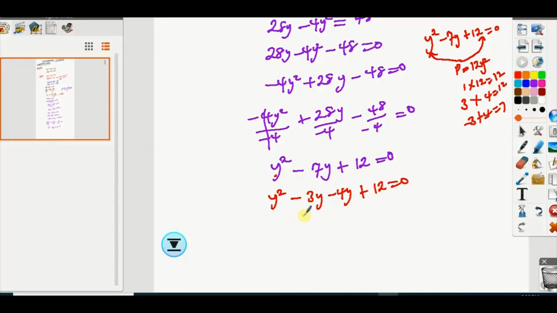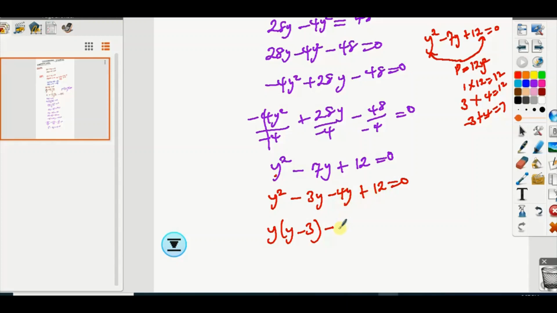Right. So from here now, what is the common value between y squared minus 3y? So y is the common value, right? Y squared divided by y will give you y, and minus 3y divided by y will give you minus 3. Right. So for your negative sign here, what's the common value between these?